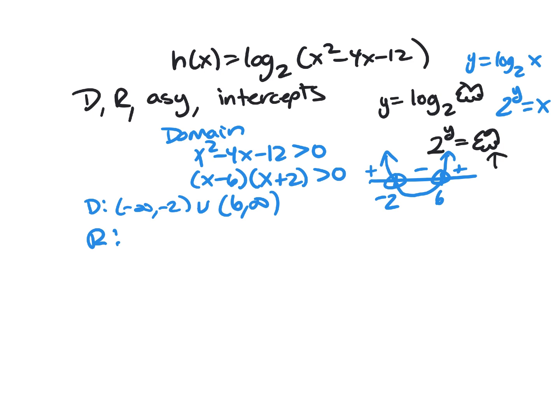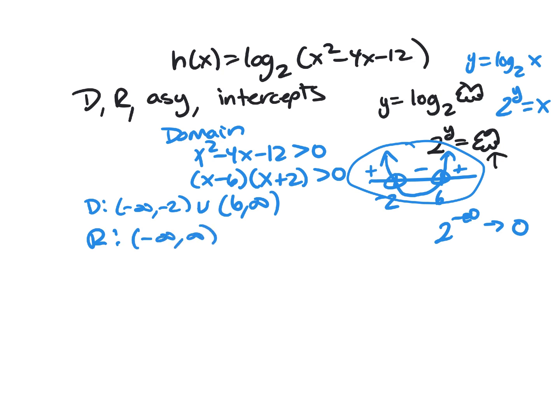You also need the inside to get really close to 0, because then the output, which is the exponent, will go to negative infinity, since 2 to the negative infinity is going to get really close to 0. We know it gets really close to 0 because of our domain. So our range will be negative infinity to infinity.